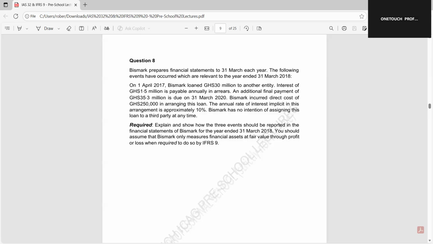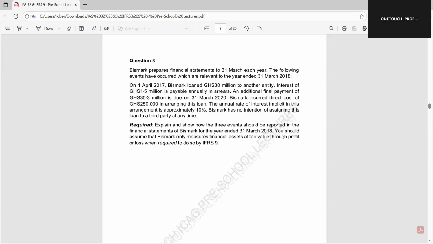How should the financial asset be classified and why? Ask yourself, is there principal and interest? Yes, so fair value through P&L is out.